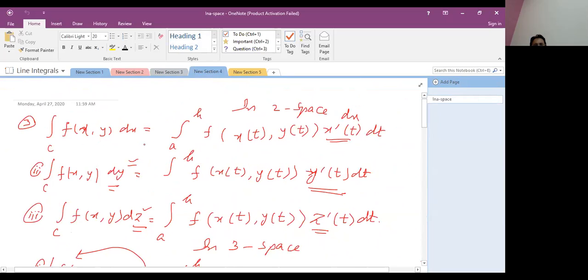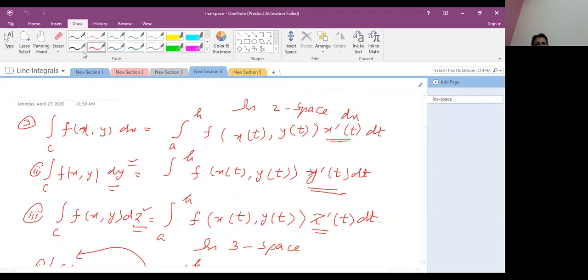Now the third definition is, if we consider a curve in two space or in three space, and the function is multiplied by dx, we write the parametric equation: dx becomes x prime of t dt, which is the derivative of x with respect to t.